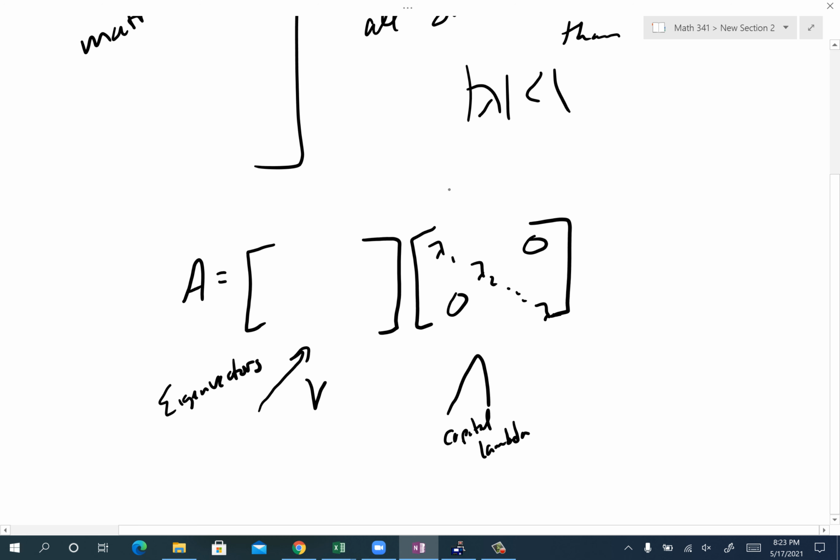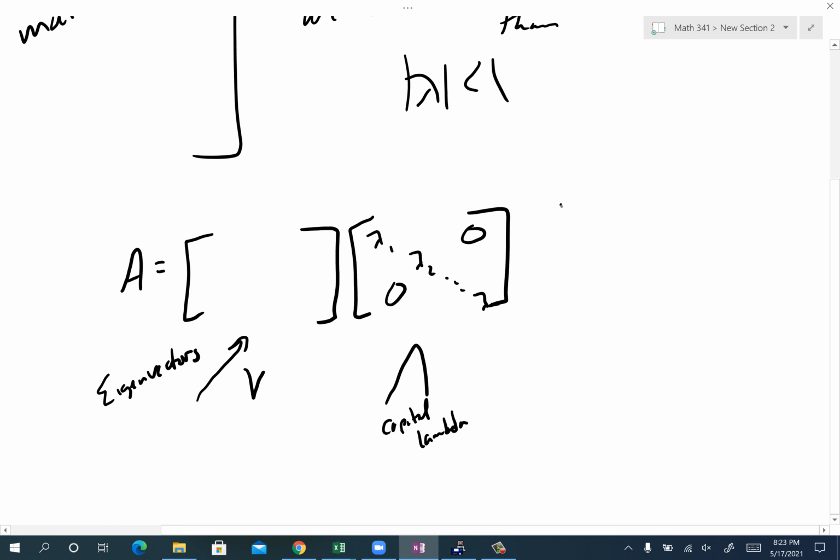In other words, it's not just one lambda times the identity, but that's the idea, all the different lambdas are on the diagonal. And then this is going to be V inverse. You can always write it like that.